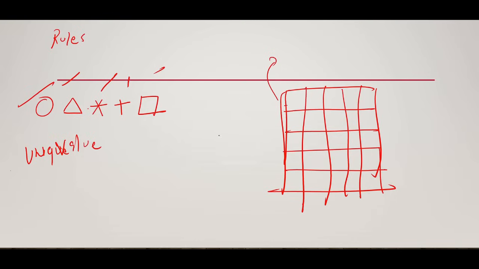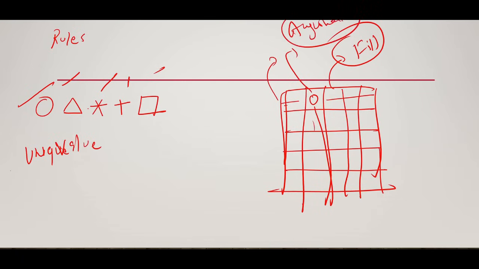But the rule is, suppose I am filling a circle here, then in the whole row I cannot fill a circle anywhere. Also in the whole column I cannot fill the circle anywhere. We need to find the missing symbol. In the whole row we can use each symbol only once, and also in the whole column. You cannot repeat the symbol. This is the rule of Sudoku.